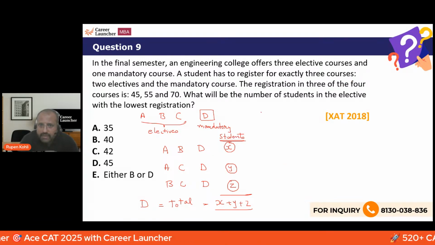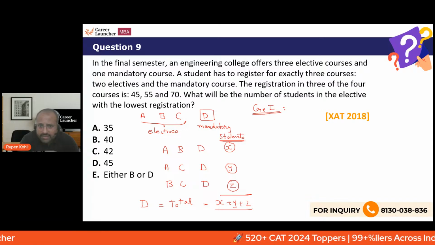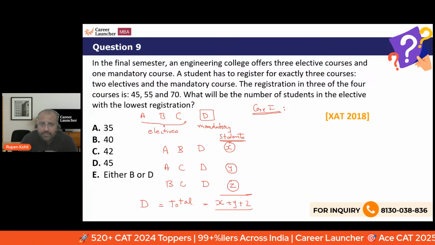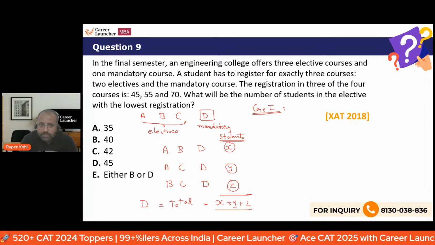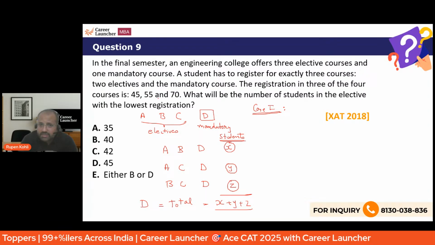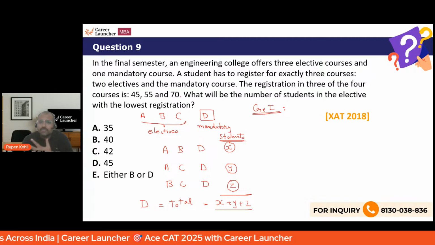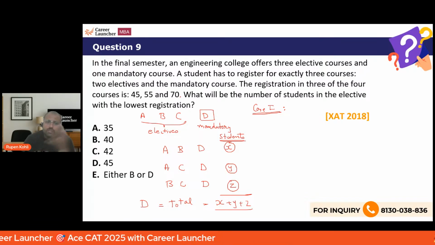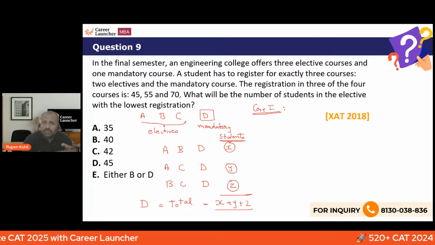So there are 2 possibilities. In case 1, let us assume that the mandatory course is amongst these 3 courses mentioned. Then obviously it must be the one with the highest number, because the other 2 are subparts of that, right?